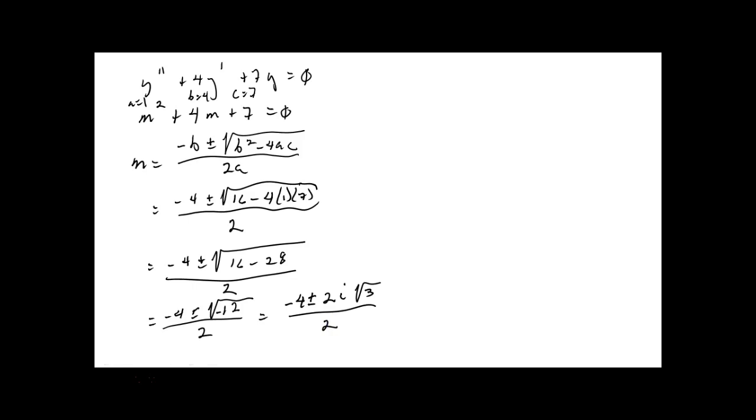Right? So this is going to be minus 2. 2 will go into minus 4, minus 2 times. Plus, I'm going to separate them now. The 2 will go into 2 once, so it's i root 3. That's one solution. Or minus 2 minus i root 3.